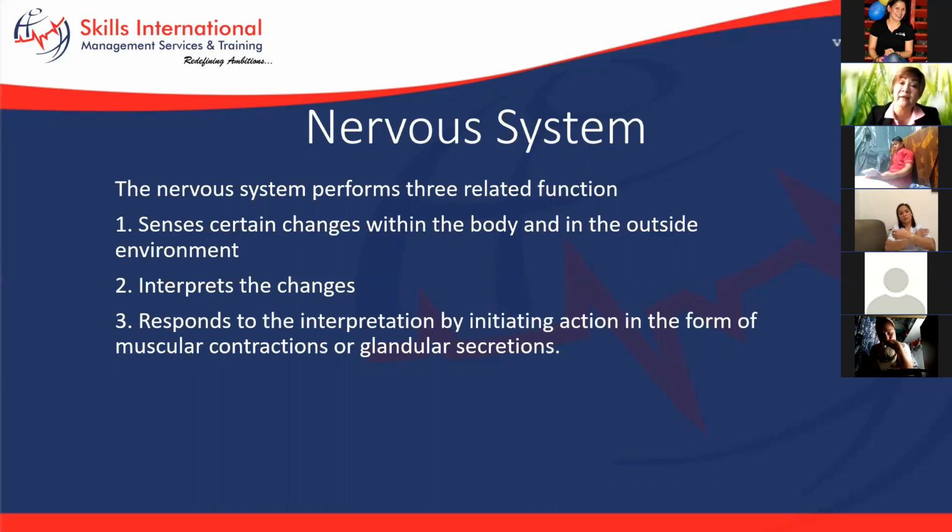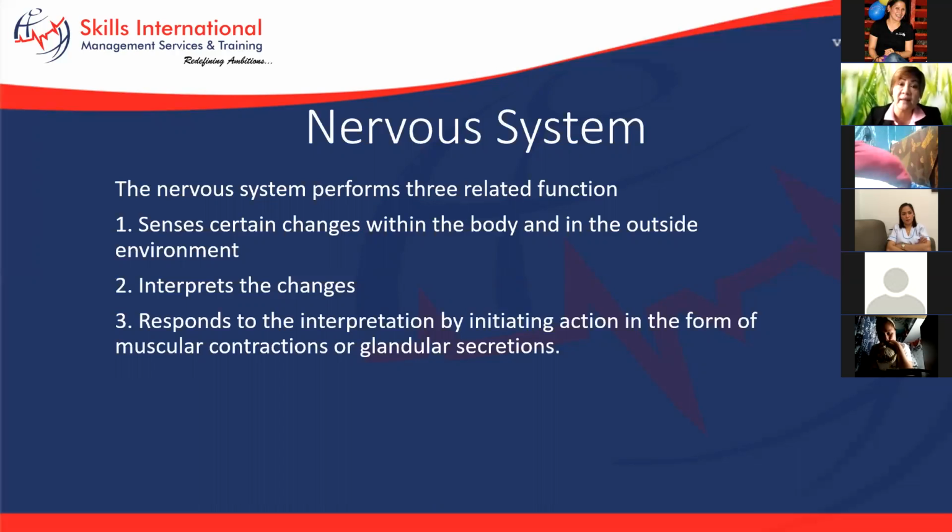It interprets the changes. Yung mga changes na nasa katawan natin, halimbawa mainit, nafe-feel niya yon, may mga changes doon na i-interpret niya. It responds to interpretation by initiating action in the form of muscular contractions or glandular secretion.